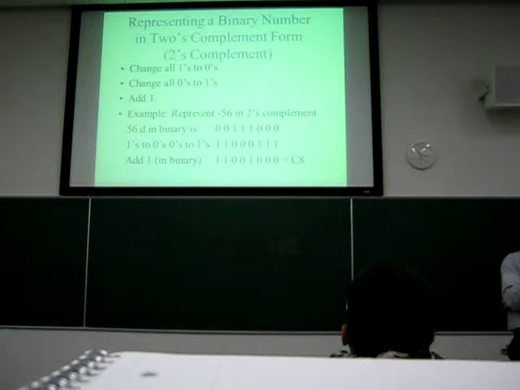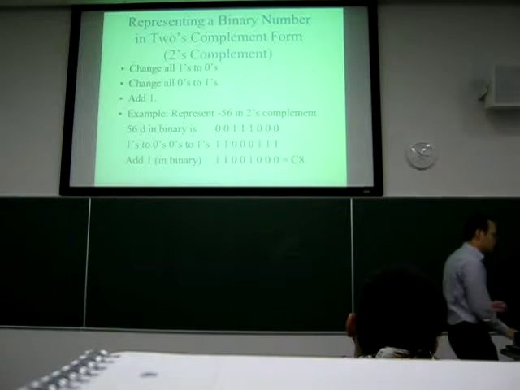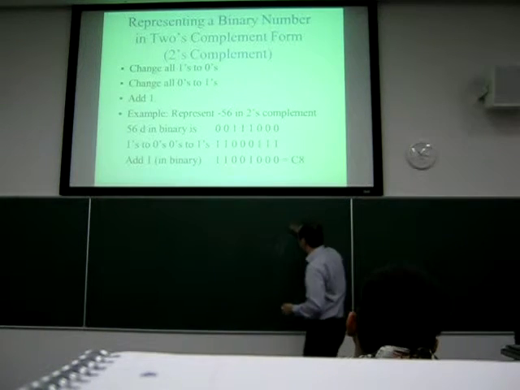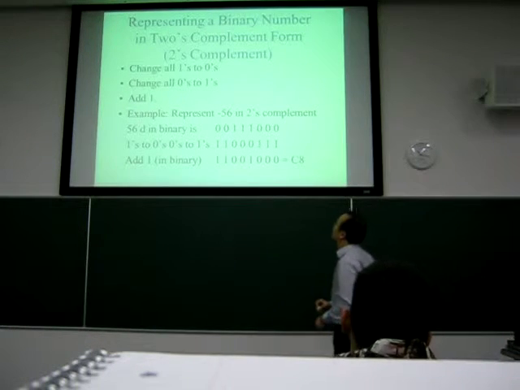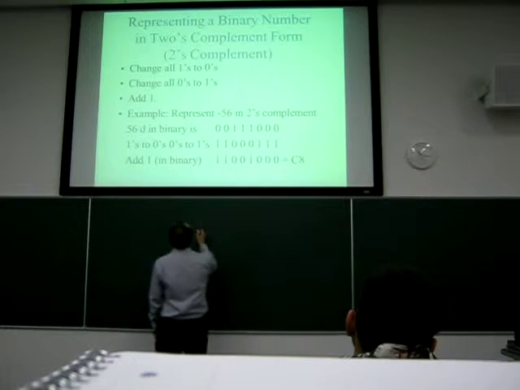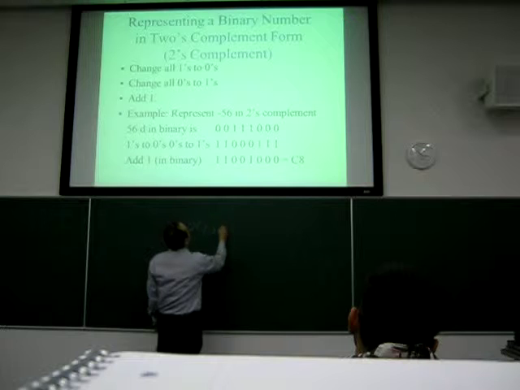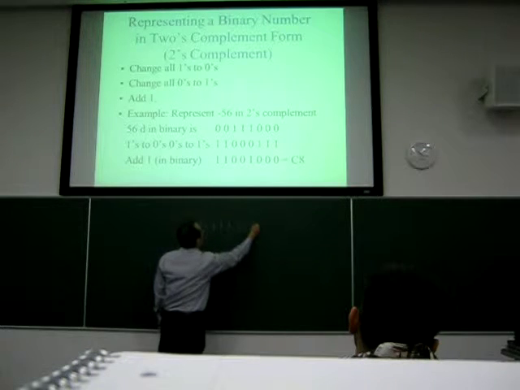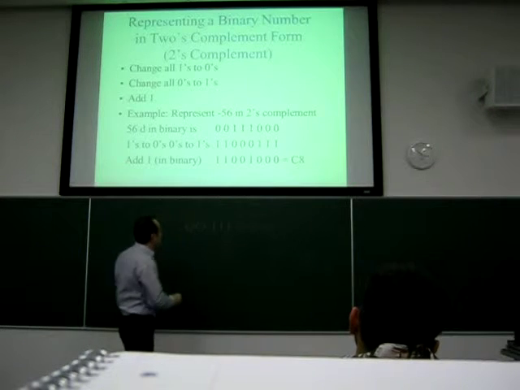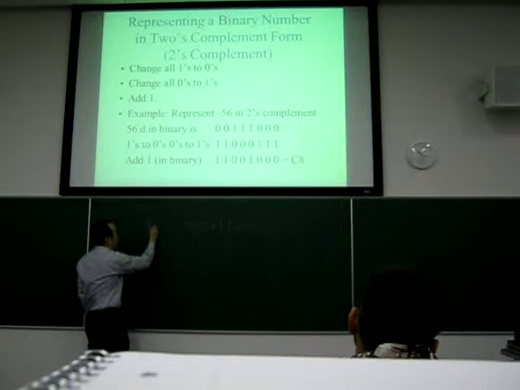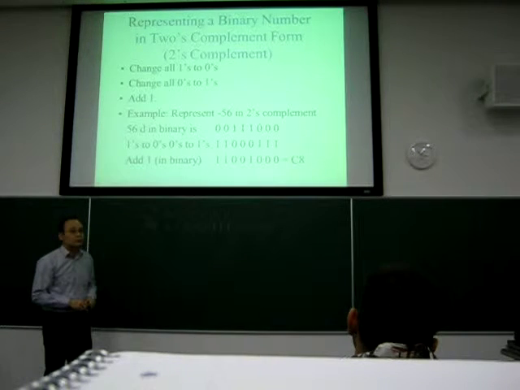Okay. Maybe I should write on the board. Okay. We have 56. I say 56 is this. 0, 0, 1, 1, 1. I take for granted that you can convert 56 into binary, yeah?